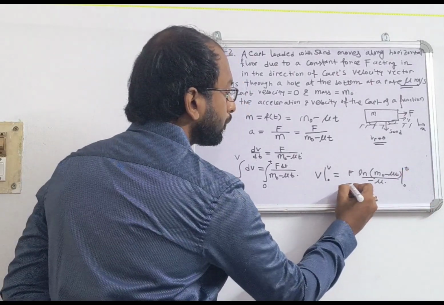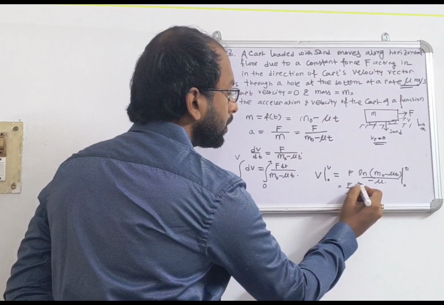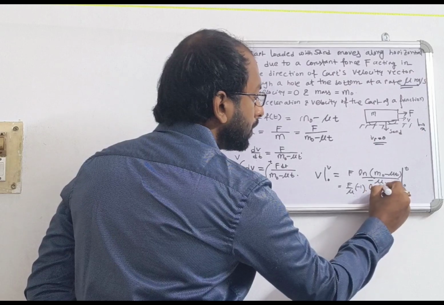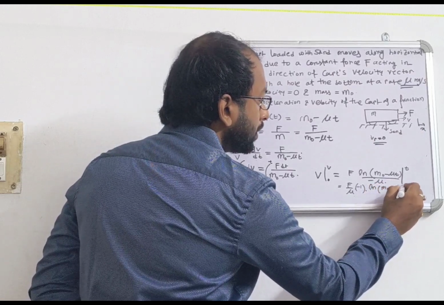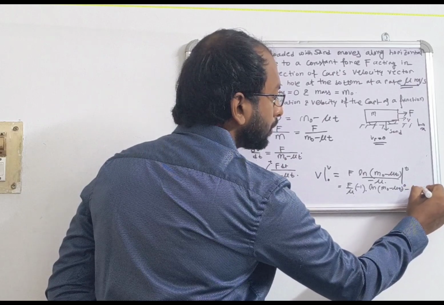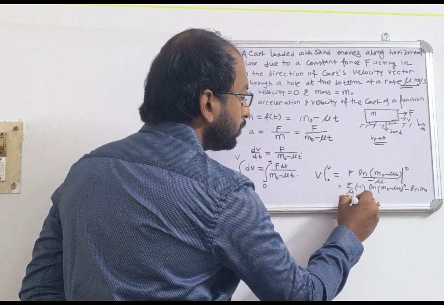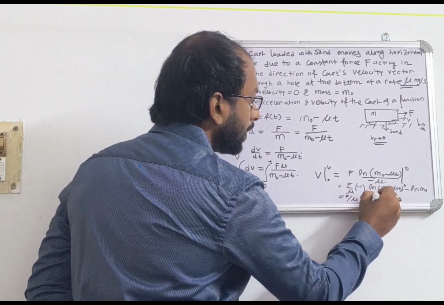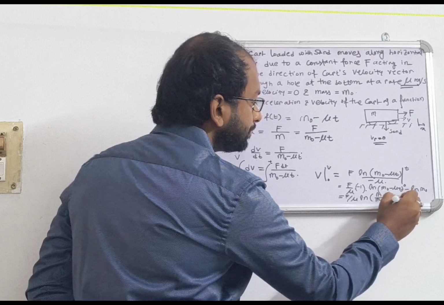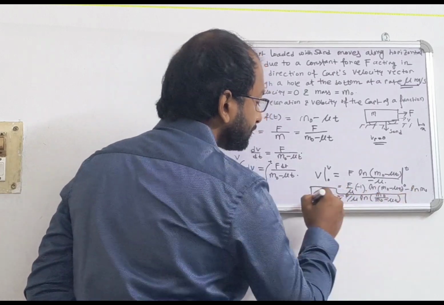Now I'll keep minus F by mu, so minus F by mu into ln of m naught minus mu t minus ln of m naught. So it can be written as F by mu ln of m naught by m naught minus mu t. This is the velocity at any point of time.